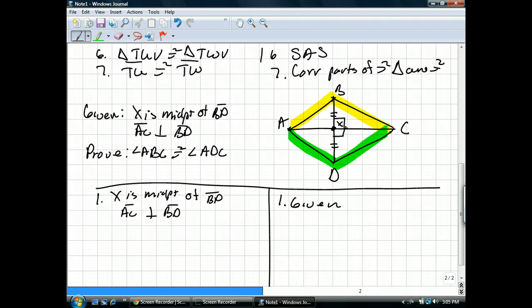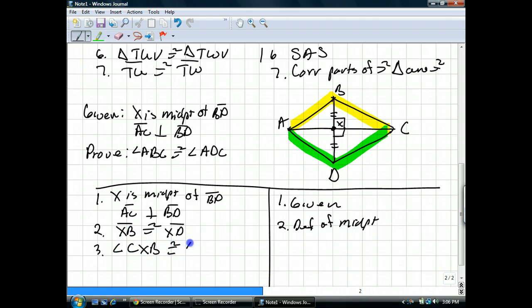Okay, well, if X is the midpoint, then we know that segment XB is congruent to segment XD. And that is by definition of midpoint. Okay? Then I can say that angle CXB is congruent to angle CXD.